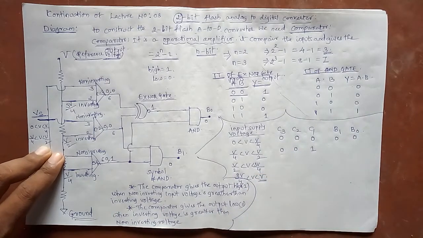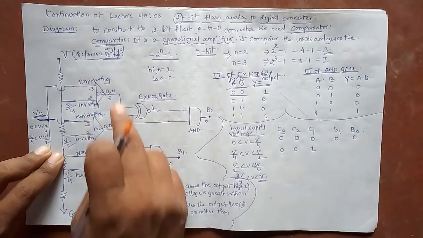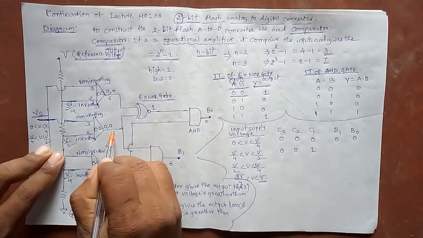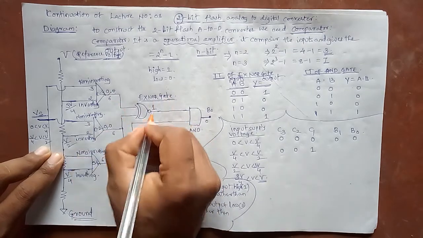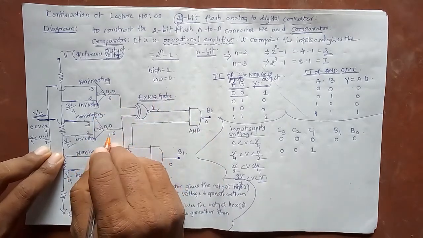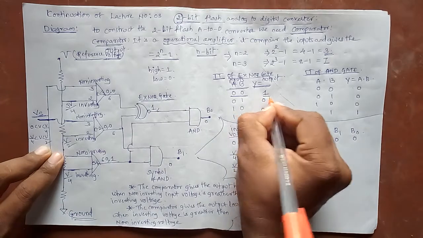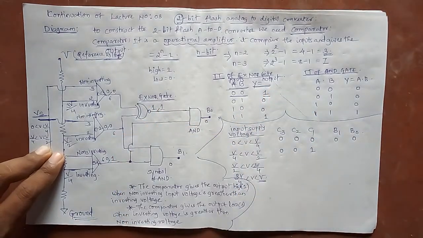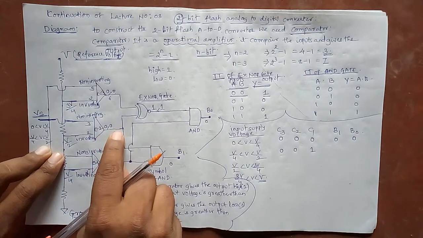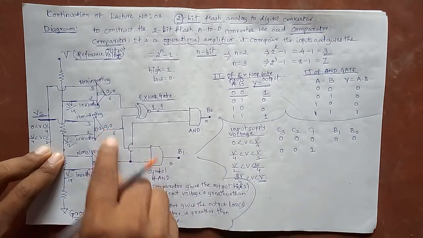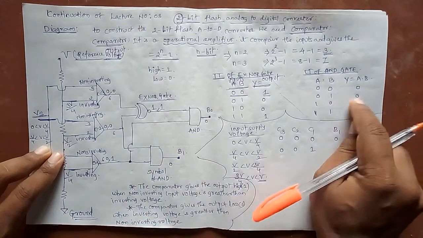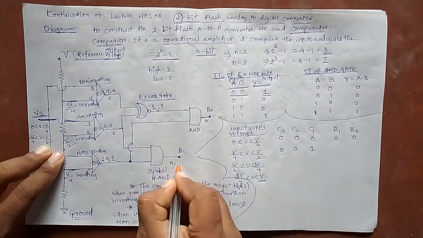Now we give the voltage here to the XNOR gate. Here C3 and C2 are 0, 0. When both the inputs are 0, the output of the XNOR gate is high. Here we get 1, and here we give the 0 and here we give the 1. For 0 and 1, the AND gate output is 0.